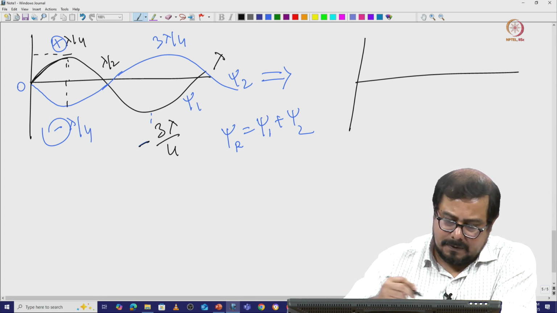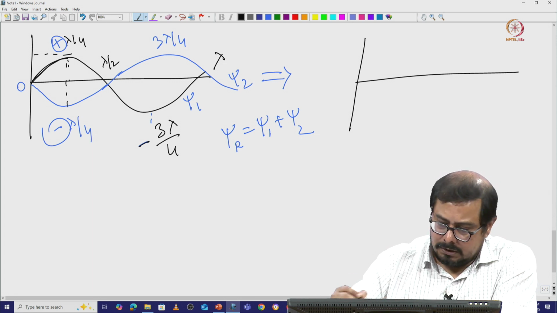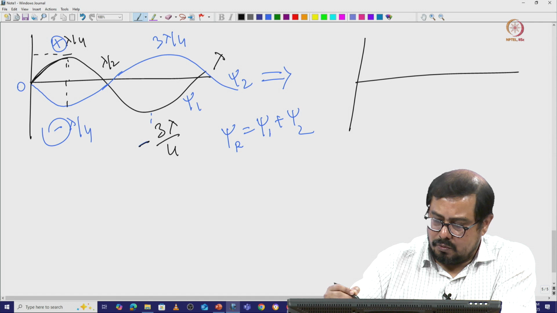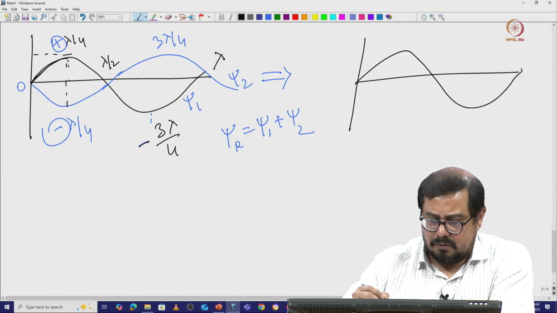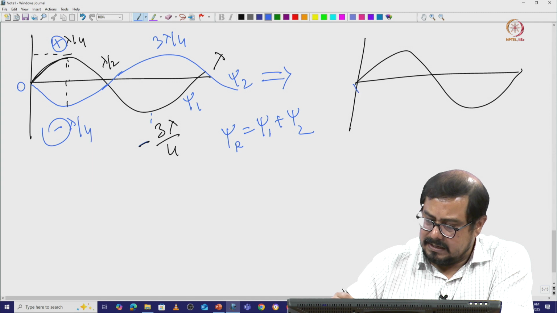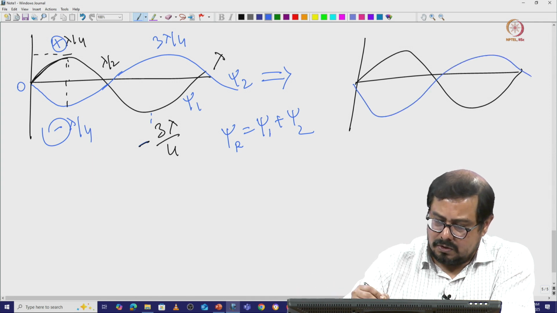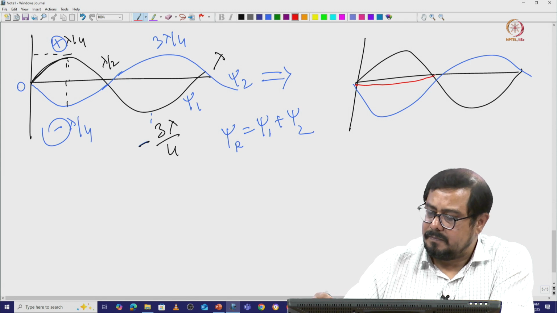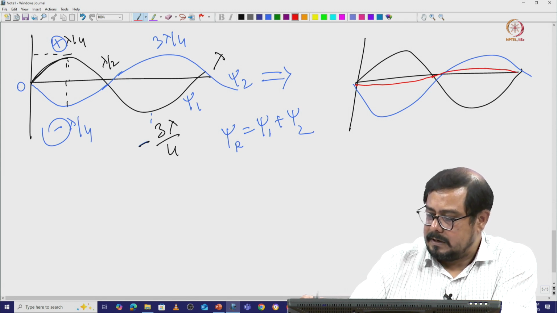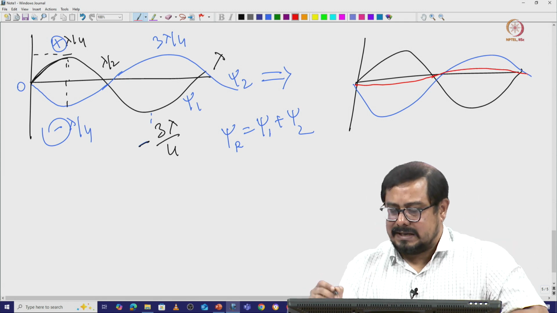So, we have these two waves. It will be better to draw this entire thing one more time, then it will be easier. Now, the resultant wave will come like that. So, what is changing here?